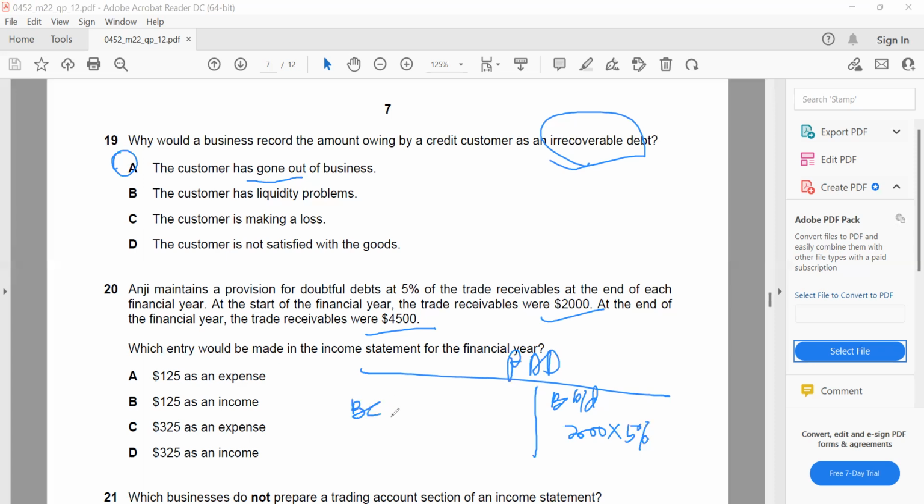For the balance carried down, we do 4,500 times 5%, which is 225. So this is an increase. So income statement will be in here, 125. So the double entry will be debit income statement, credit provision for doubtful debts. Debit income statement is an expense. So the answer should be A.